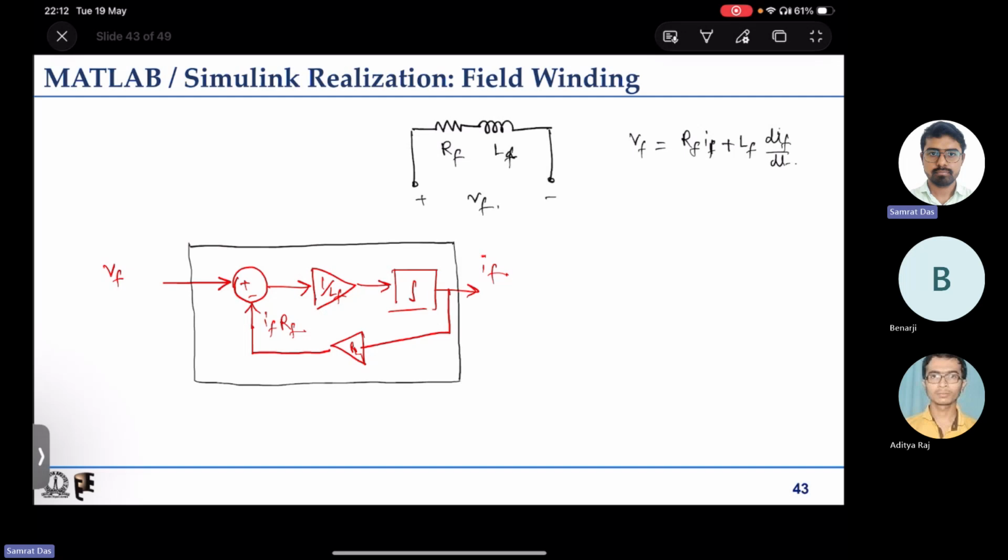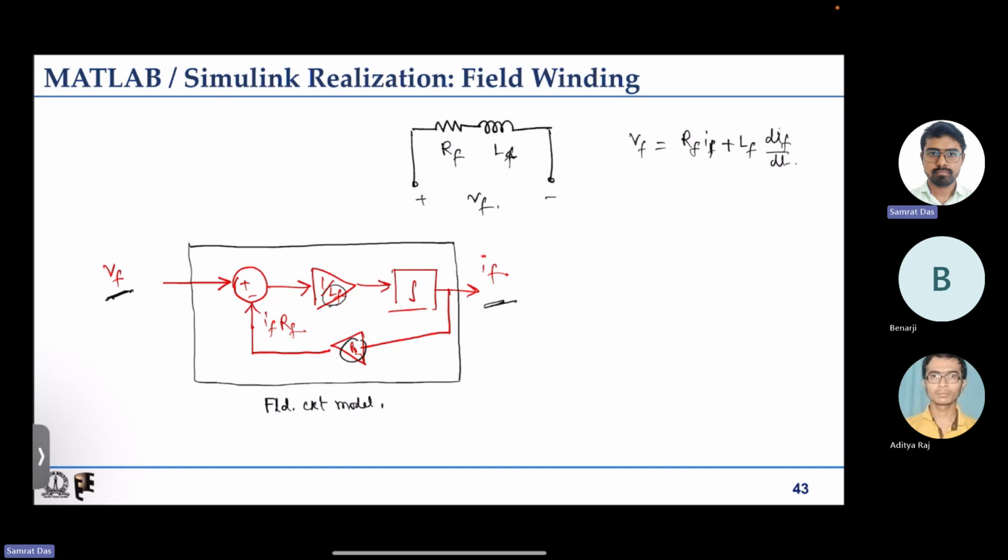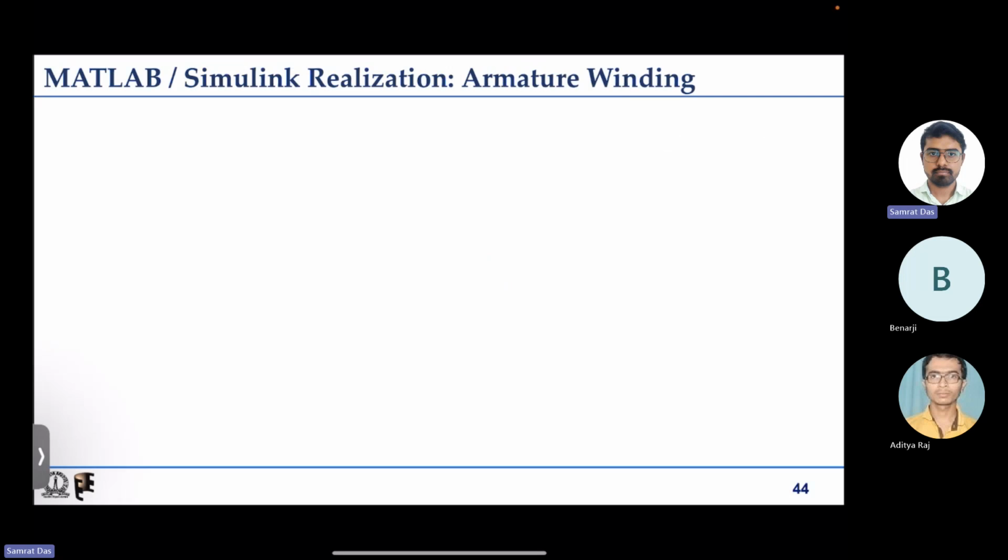So this is our field circuit model. If we want to do it in MATLAB Simulink, this is how to do it. The input is Vf, the output is If, and we have these two parameters Lf and Rf, which we input as the two parameters. So this is the MATLAB Simulink realization of the field winding.